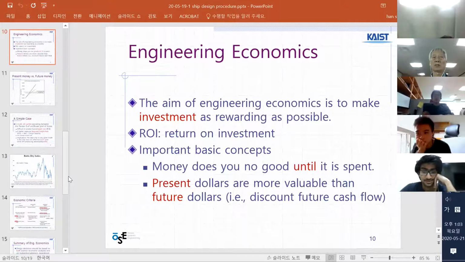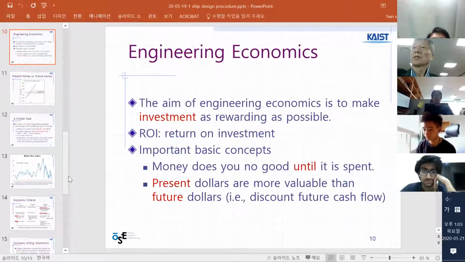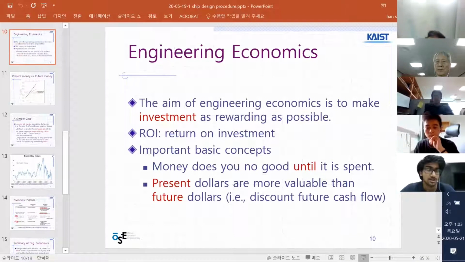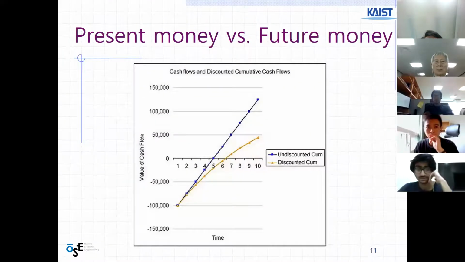So we can say a deposit account usually earns interest. So that is a similar calculation. We need to think about this: the present money, $100 today or 1 year after, $110, which one is better for you? That is the kind of thing we need to calculate.